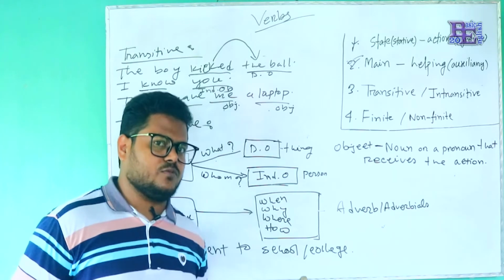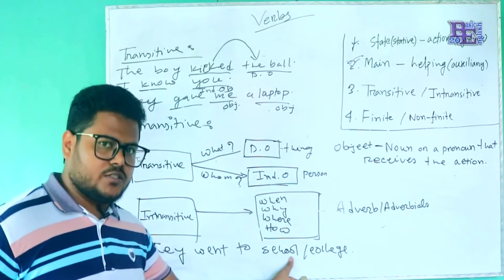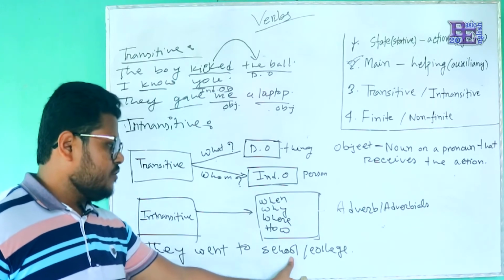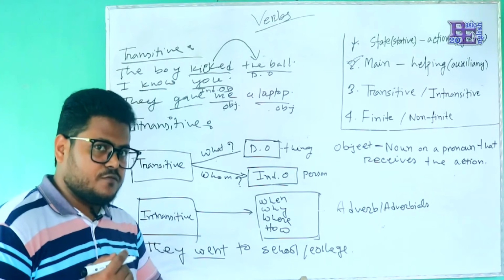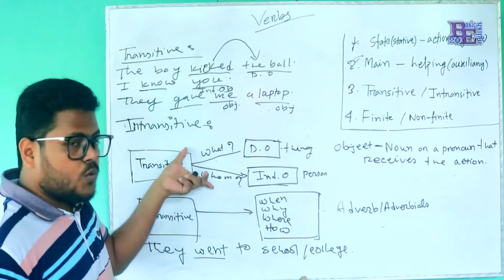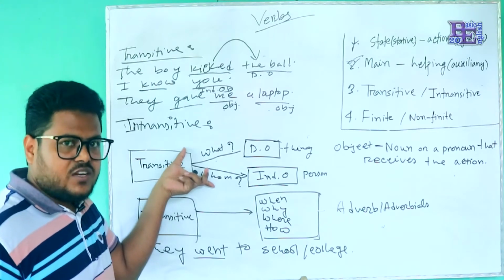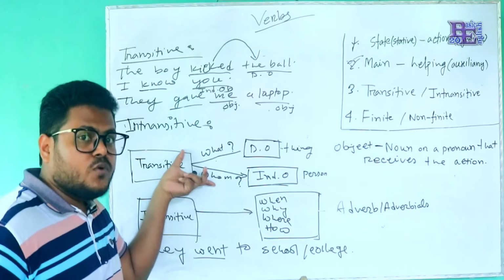Let's see an example. They went to school or college. Whether the verb is transitive or intransitive, how can we know? If you ask the question with these words and you get the answer, then the verb is transitive, and if you don't get the answer, then the verb is intransitive.